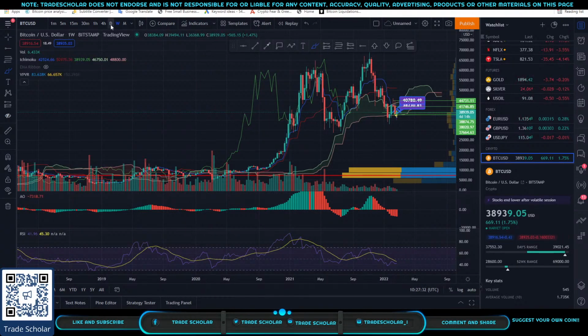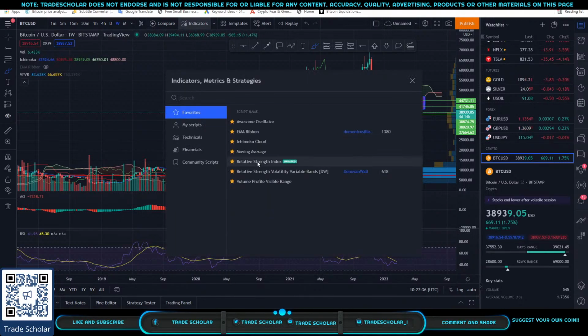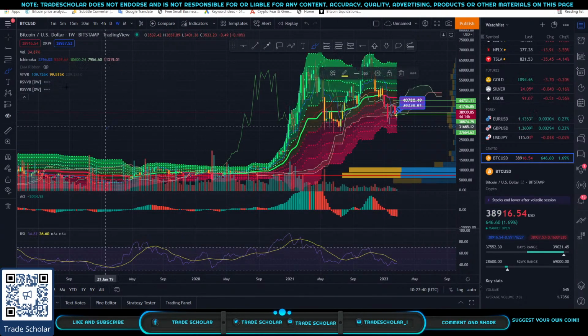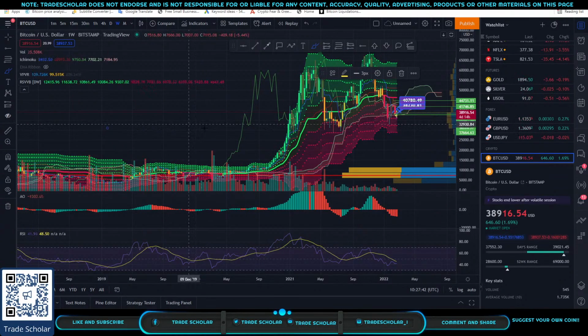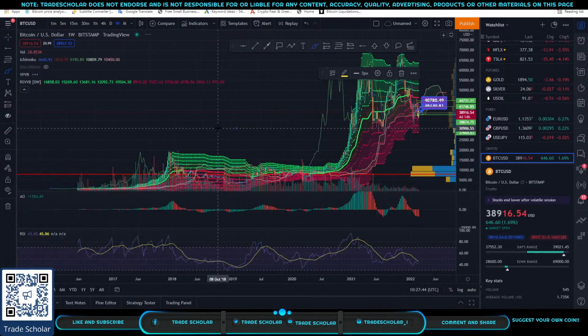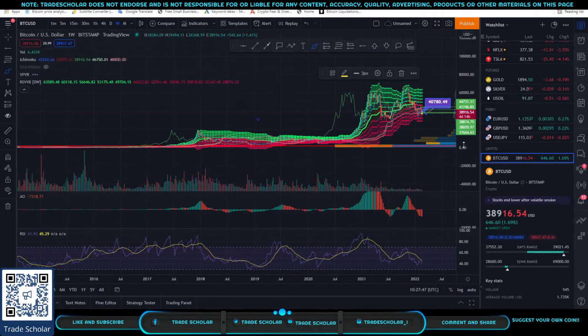And then our daily time frame, our butterfly RSVVB. This one, we are still in a healthy phase, still waiting for it to accumulate first.